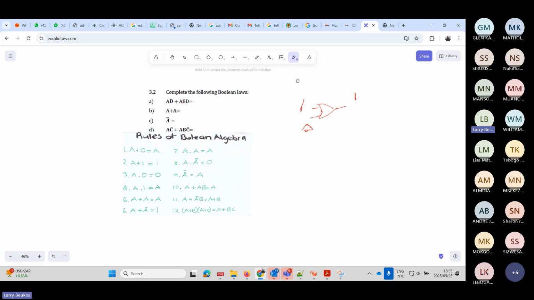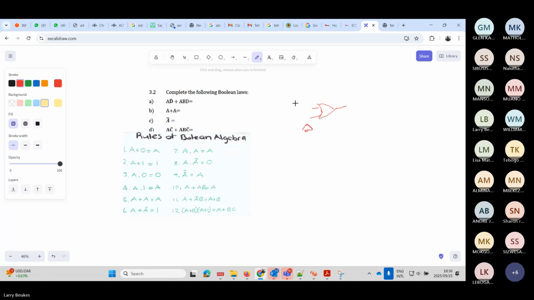So now let's delete the value of 1. Let's see what happens if we set this to a 0. 0 OR 0, the output will be 0. So this law, what is it saying to us?